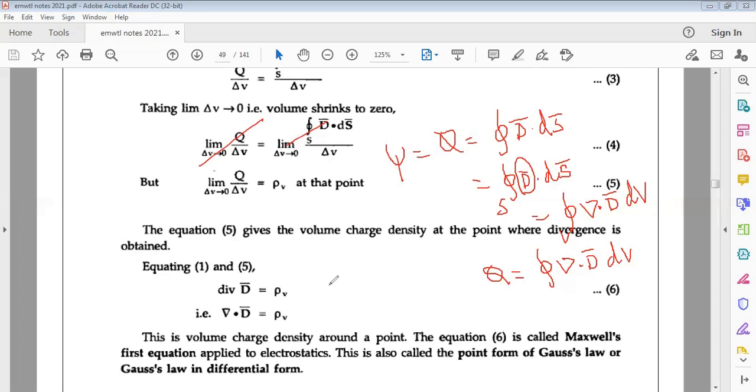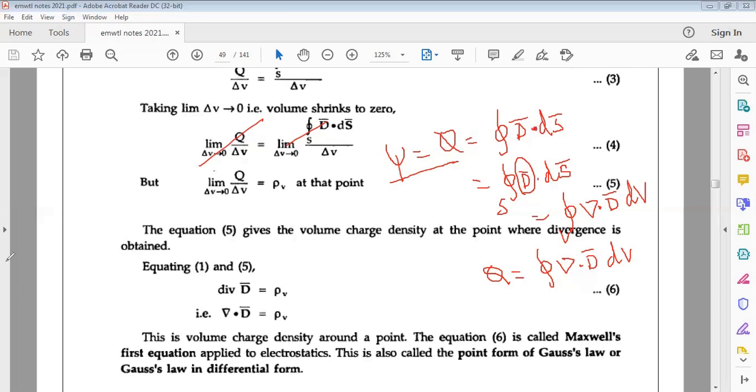And if we assume a small differential surface on the closed surface, whatever the flux that is passing through that surface is equal to the charge enclosed inside. The charge enclosed inside is Q only. The flux lines going outside is psi. Then both are equal. The psi is equal to Q, and that is equal to D bar dot ds bar.